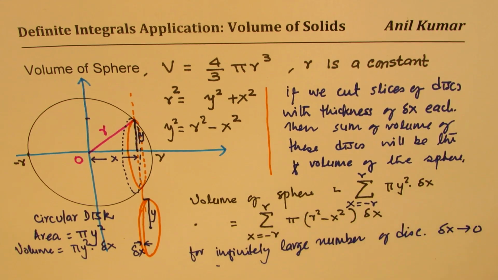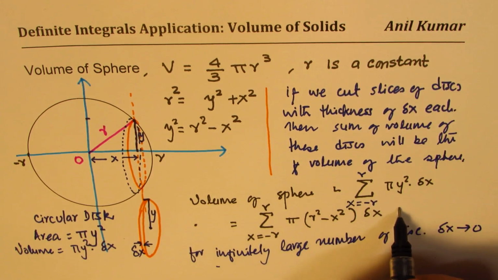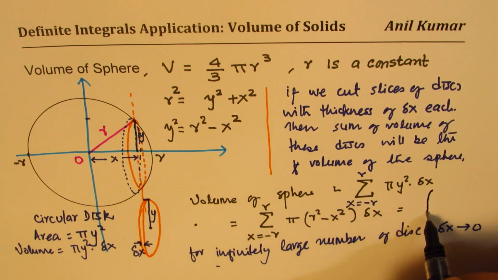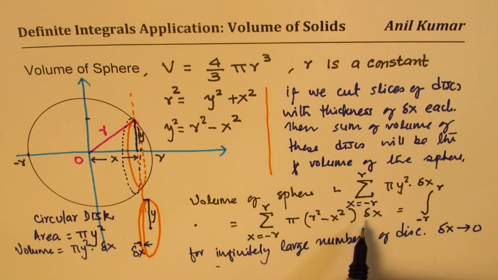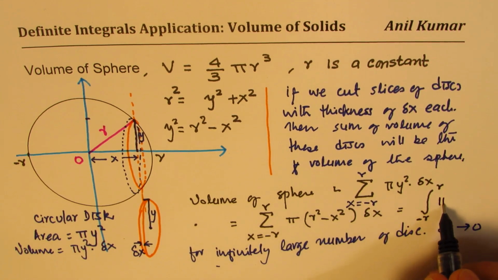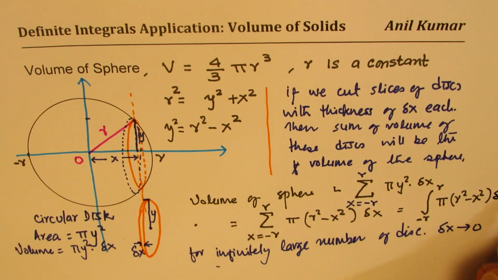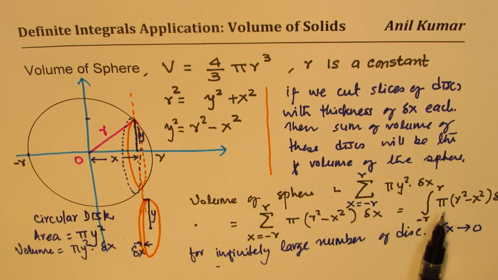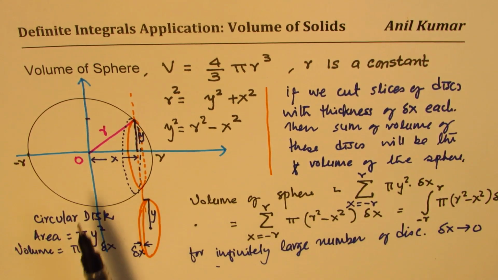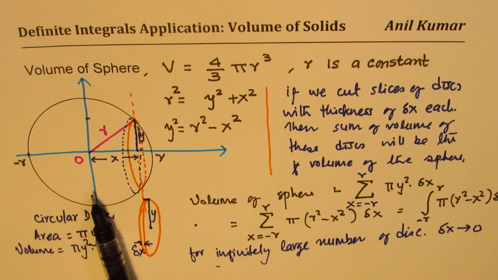So we could now write this as the integral from minus r to plus r of pi times r square minus x square delta x. Perfect. So that is how we can actually calculate the volume of this sphere.